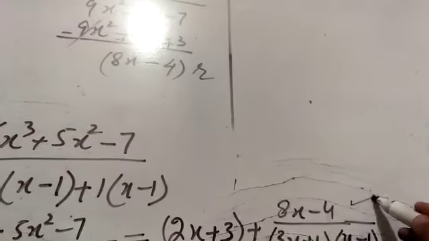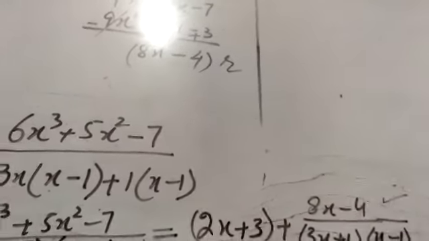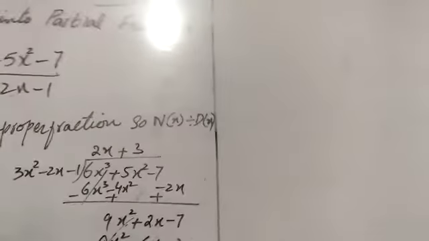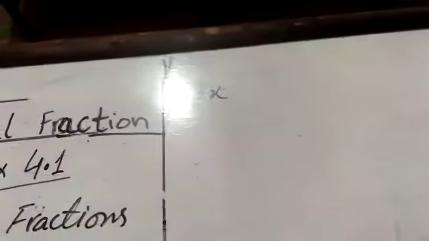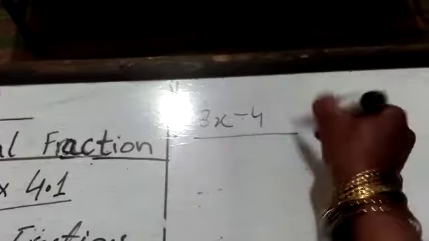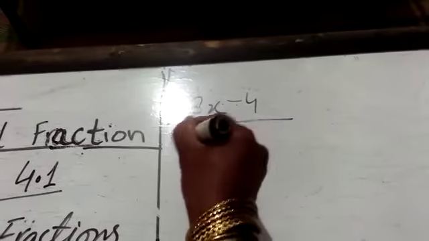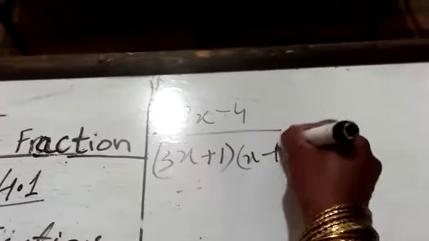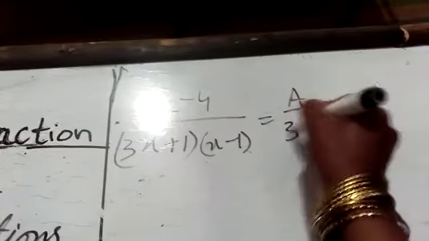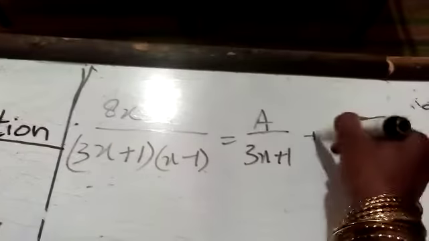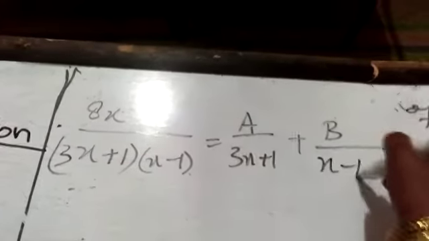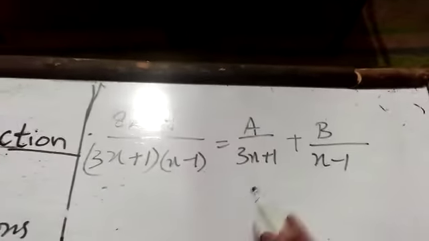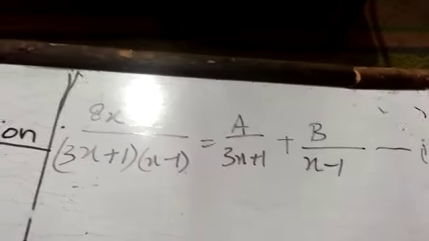So only this term will be further factorized and we get 8x minus 4 divided by 3x plus 1 into x minus 1 equals a over 3x plus 1 plus b over x minus 1. And this is equation number 1.